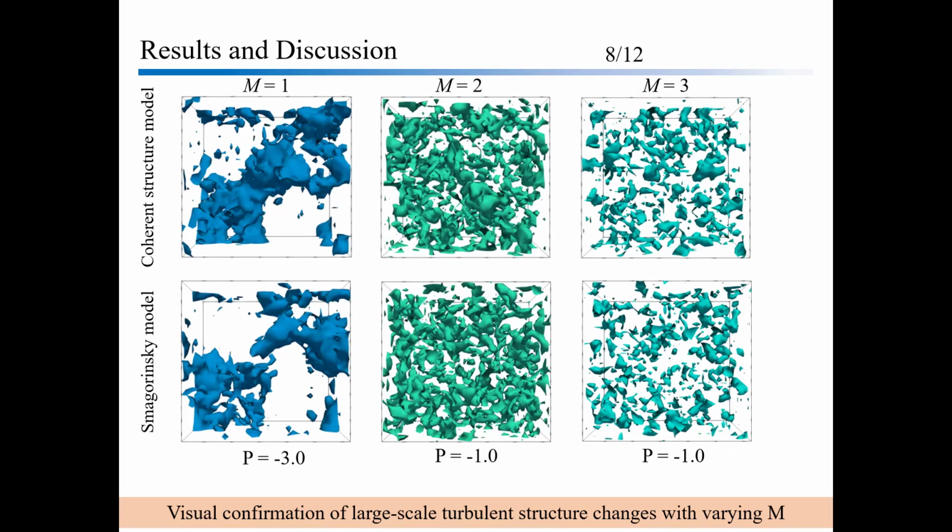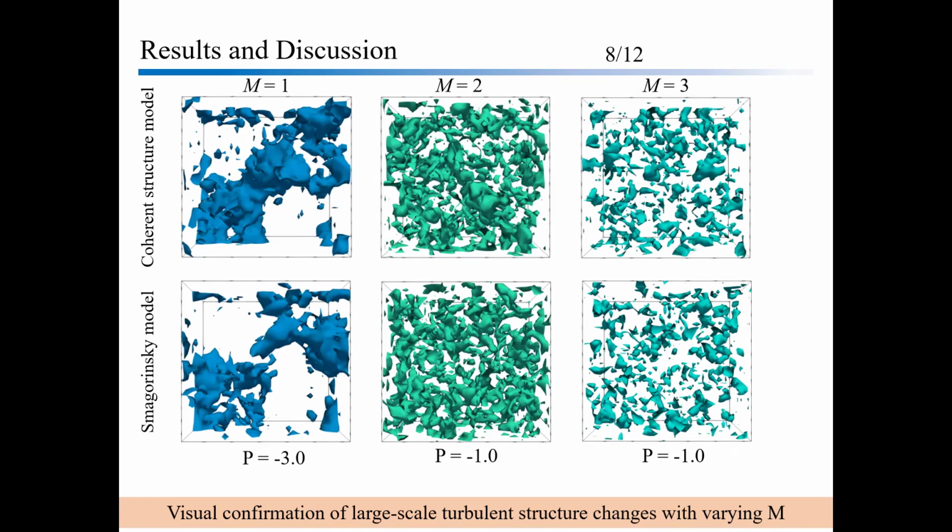For m equal 1, large turbulence structures are observed, similar in both the coherent structure and the Smagorinsky scheme model. For m equal 2 and 3, the structure visualized by negative pressure fluctuation are finer, and this is consistent across both AGS models.